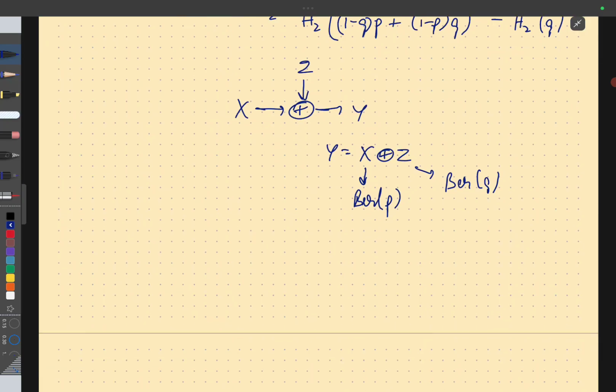But the nice feature about this is that, what is the entropy of y given x? In fact, it can be any such additive channel, not necessarily just the binary symmetric channel, and it doesn't matter what the distribution of z is.